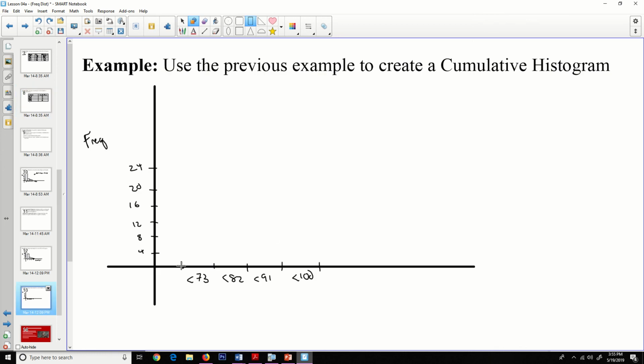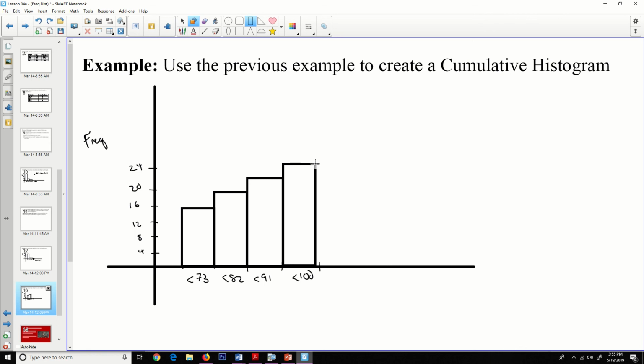So the first one, 15, should be just below 16. The next one was 19, so just a little bit below 20. The next one was 22, so about halfway between 20 and 24. And the last one was 24, so we will try to match it up as perfectly as possible.